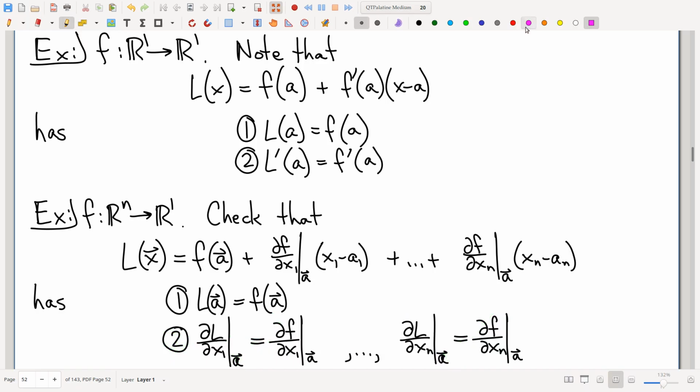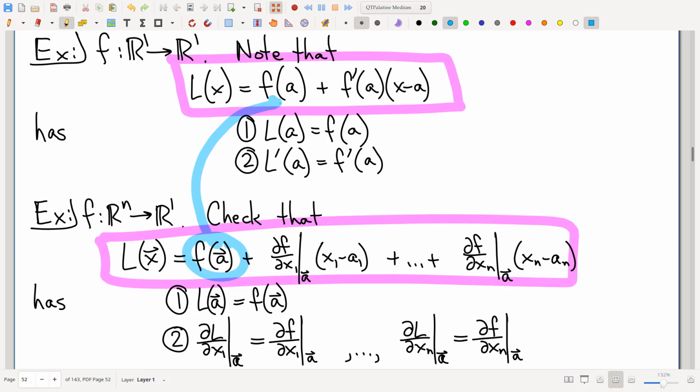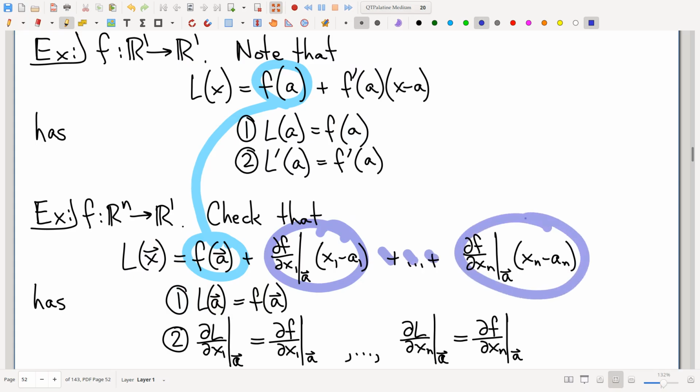Okay. And there is a formula for how to do this. Here it is. I claim it has a lot in common with this formula from single variable. You'll notice it starts by just plugging in, f of a, so you start off with whatever that value is. And then you have a bunch of terms, each of which individually kind of looks like that term.